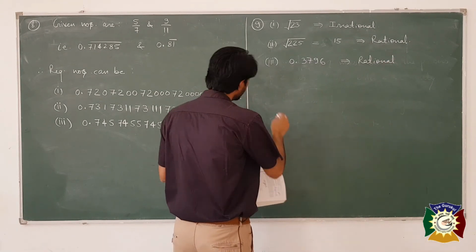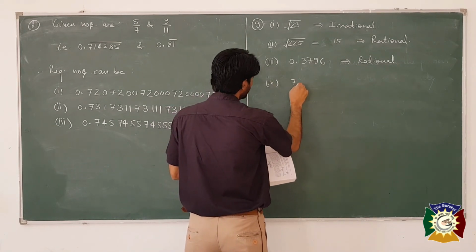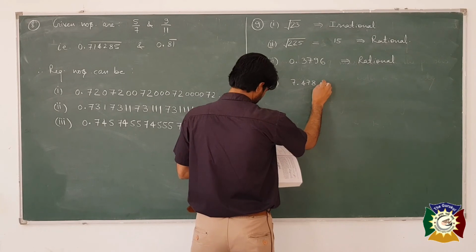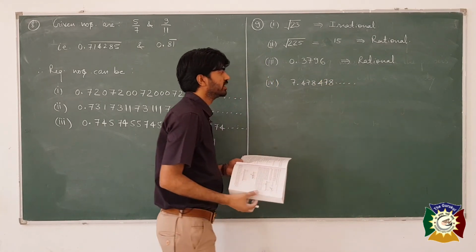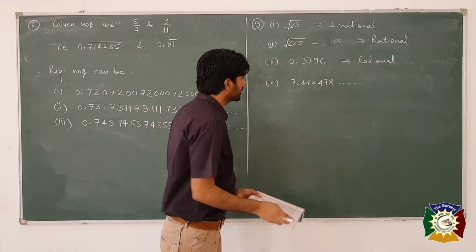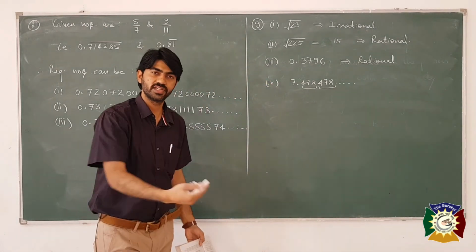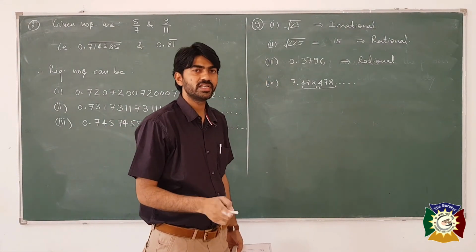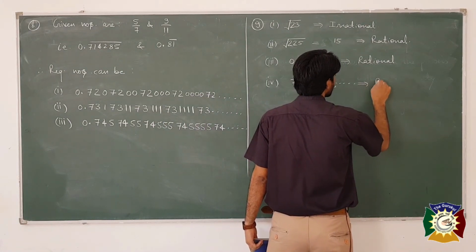The next, fourth part, we have 7.478478 and so on. 478, these are being repeated, 478, 478, 478 and so on. It means if it is non-terminating, repeating, then again it is rational.